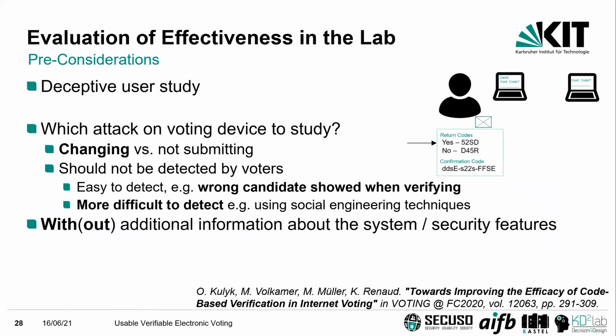I only want to mention that this time we studied in the deceptive user study whether they detect manipulations, actually two different manipulations. On the one hand, the easy to detect one with the wrong return code, and a more difficult to detect one, which you can see on the right side. It is just asking for a confirmation code and not displaying any return code.